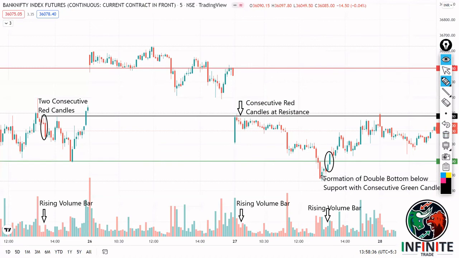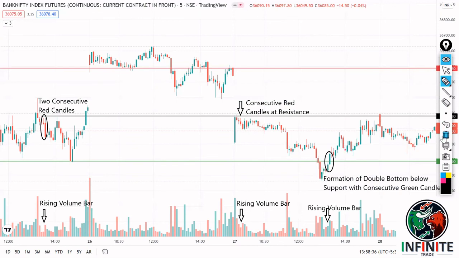Immediately this fall has been stopped, and the market made a double bottom kind of a pattern. In this double bottom, we can see two consecutive green candles with rising volume bars. This indicates that the market has not broken the support. Immediately buyers have entered and they are supporting the market. It eventually went up high until this resistance.